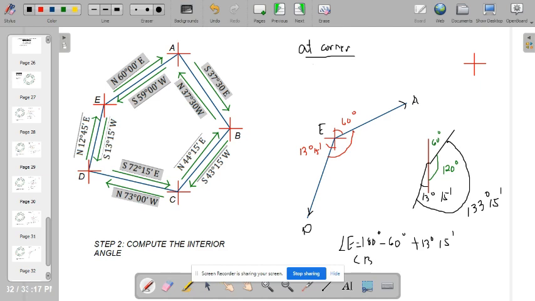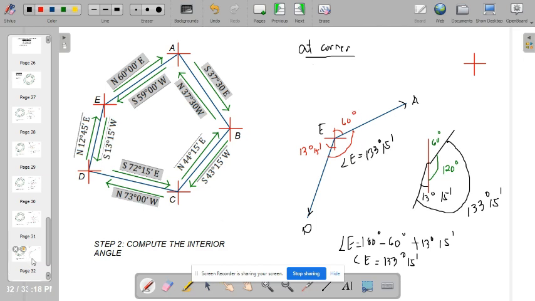So this is still equal to, not E, not B. This is equal to 133 degrees and 15 minutes. Okay, so this is angle E equal to 133 degrees and then 15 minutes.